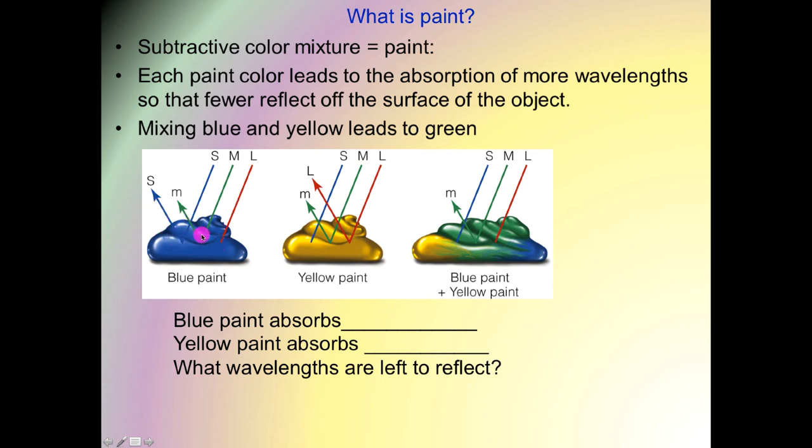But the paint is allowing medium and short wavelengths to reflect off and enter our eyes. When we add yellow paint, yellow absorbs short wavelengths, allowing only medium and long to reflect off. So if we mix these two paints, the only wavelength that is allowed to reflect is the medium wavelengths.